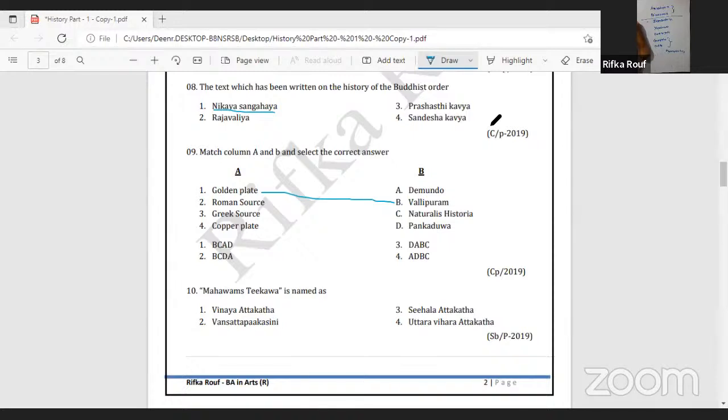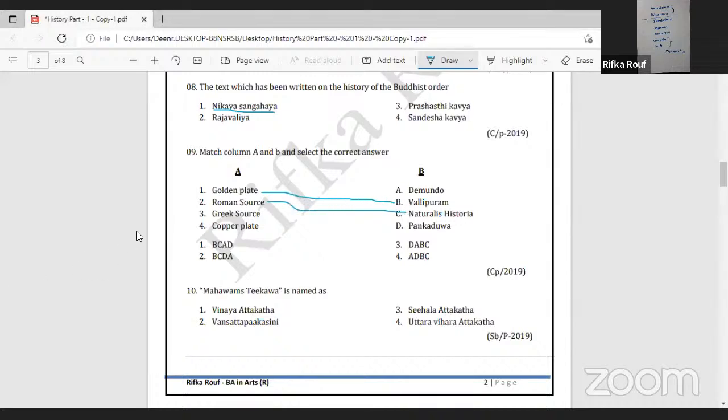Okay, right. So next, the Roman source. What is the Roman source we have here? Yes, Naturalis Historia.